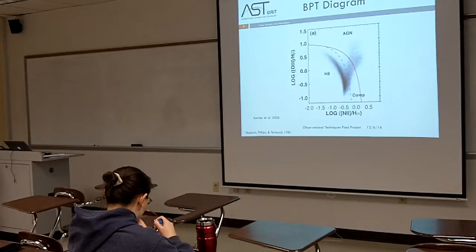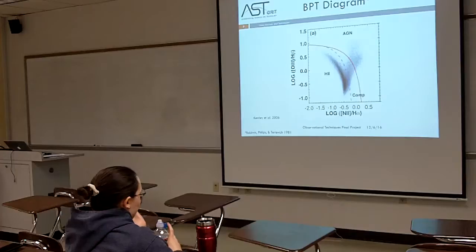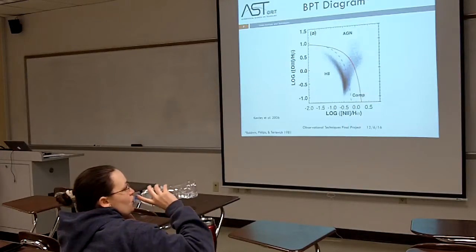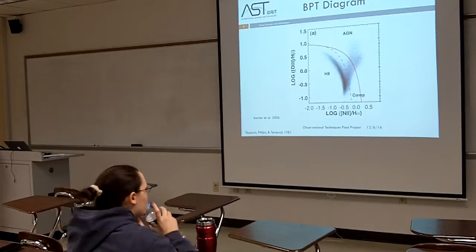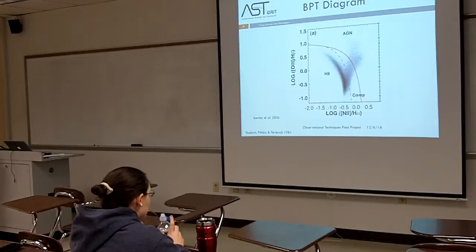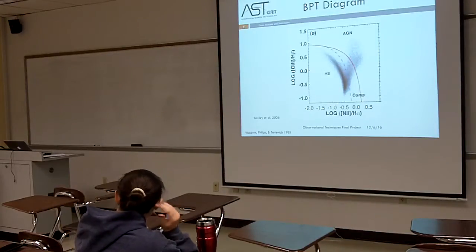These lines here that you've overdrawn, I'm not sure I'm right about this, but are they kind of an average of all the points that we're looking at? This line is theoretical. This line is empirical, so possibly for that one. But what is it? I don't know what it is.